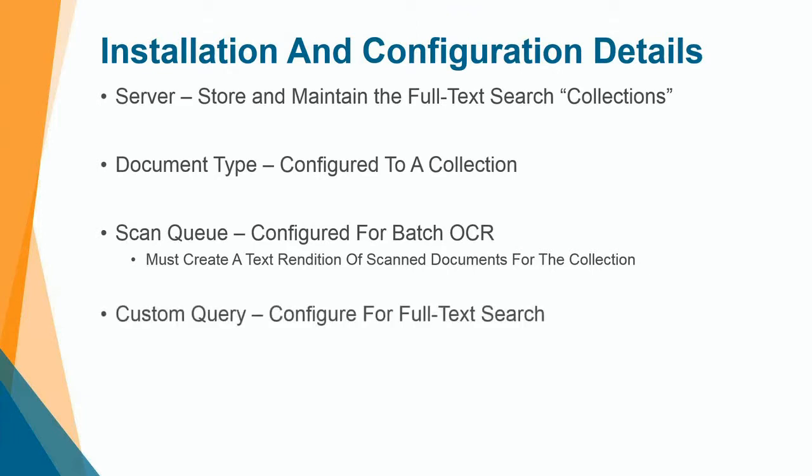If you wanted to utilize custom queries, we're going to need to configure a custom query for full text search. It's just a simple option within there. We might want to have an HTML form to make it look really nice, like what I had for that OnBase search. But again, it's not really difficult to set all this up. By performing all these steps, we're ready for day forward archiving of our content into that full text search library. Day forward is the key here.